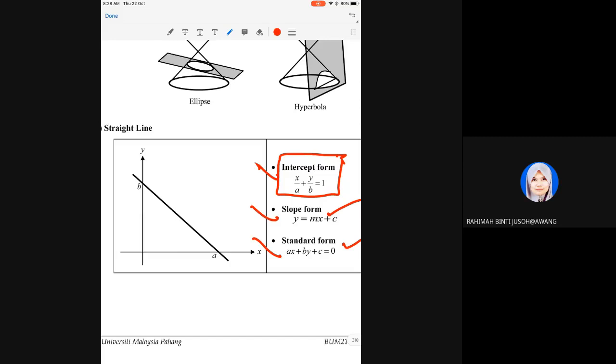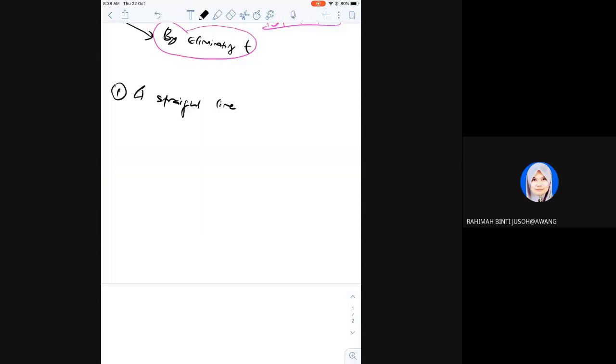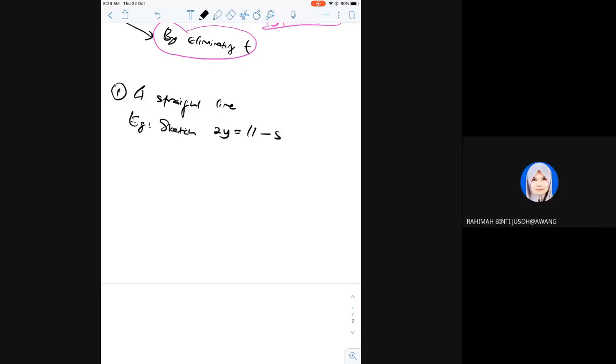So let's take a look at one simple example. Sketch 2y equals to, let's say, 11 minus 5x. Now I'm going to teach you to sketch this graph by using the intercept form.